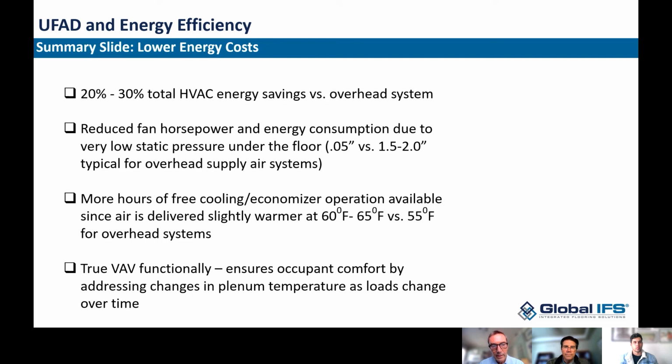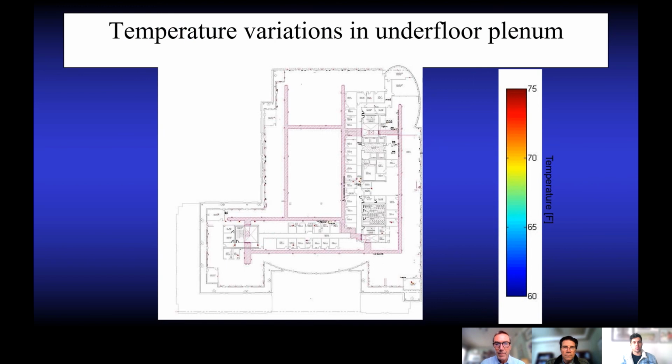Then the last point is that across these systems, these functional underfloor systems, if we introduce the VAV functionality, where we're using variable air volume, in other words, thermostatically controlled diffusers, we can even layer in more energy efficiency because we can control the space as loads switch in the space. And this little animation, this is Building 225 we just looked at.